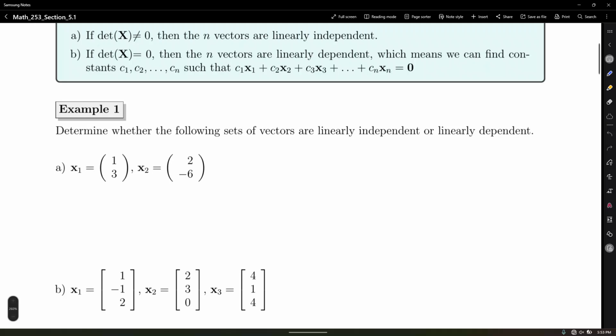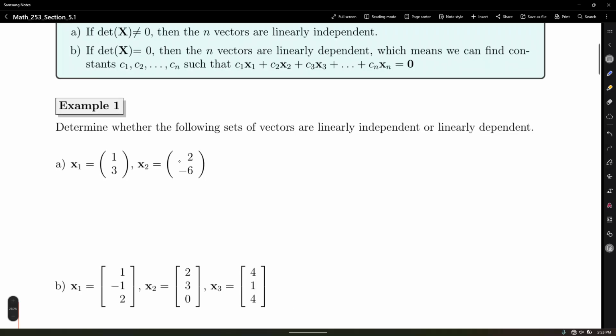It looks like negative 6 is a multiple of 3. Oh, well, 2. Hmm. Well, they're multiples. However, the sign is messing things up, right? If they were both negative, or maybe a negative here, then we would have a linearly dependent set. What do we do in this case?